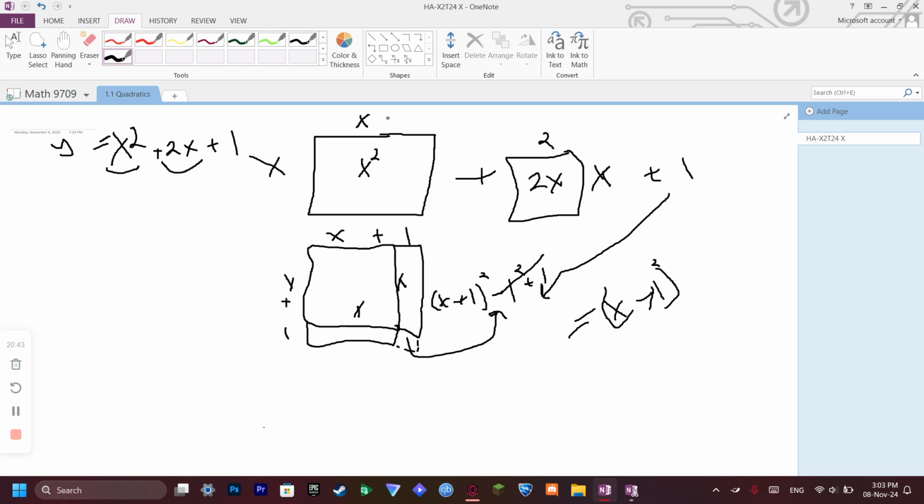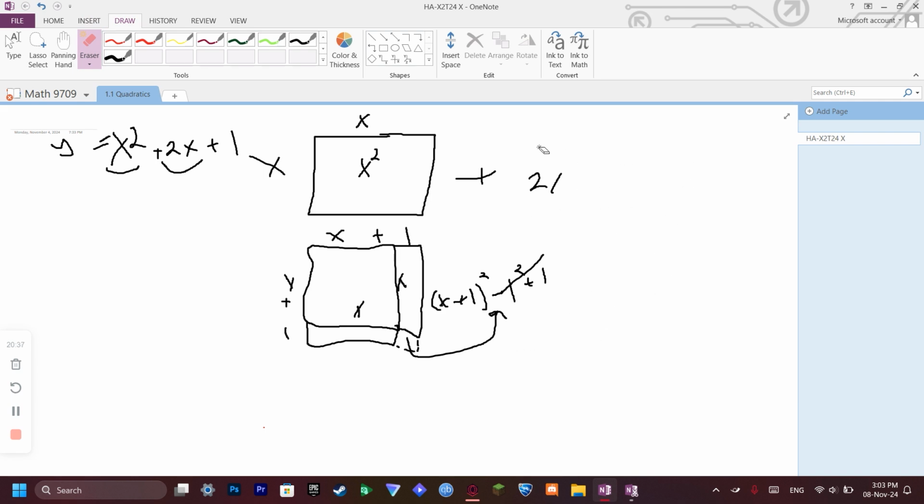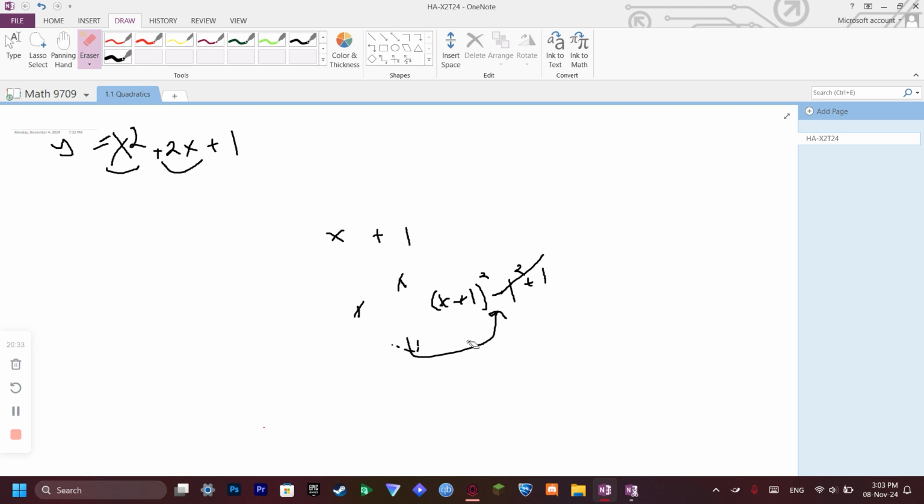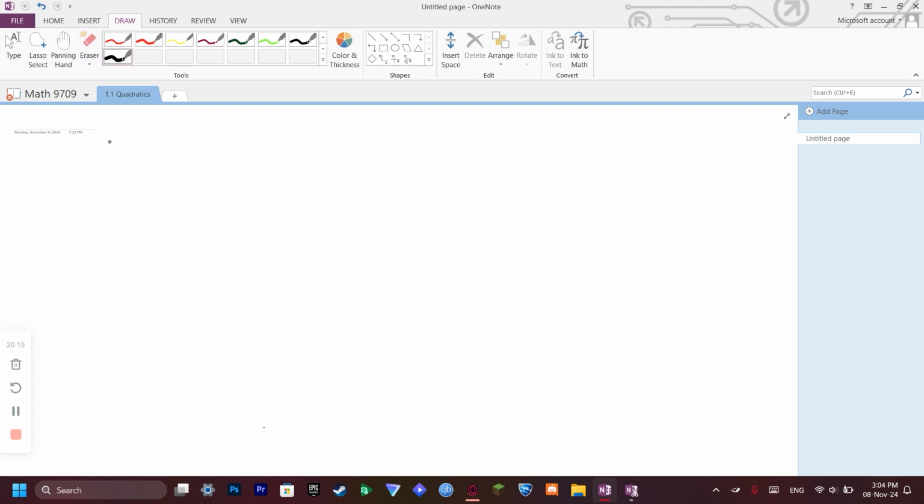Now things get a little bit more complicated once you go into quadratics where the first number is greater than 1, where a is greater than 1. So instead of x squared plus 2x plus 1, let's try another one. Let's try f of x equal to 3x squared plus 6x plus 9.